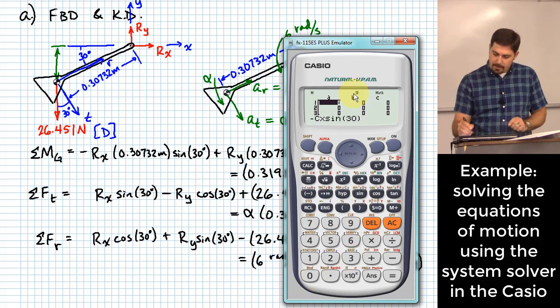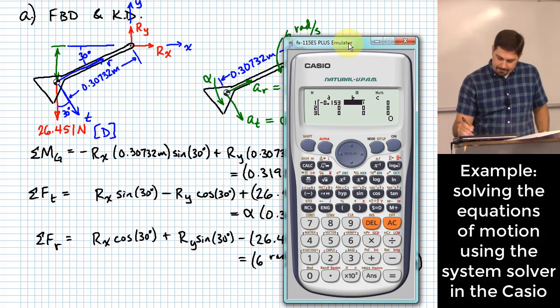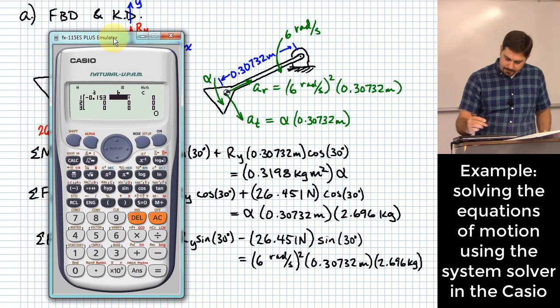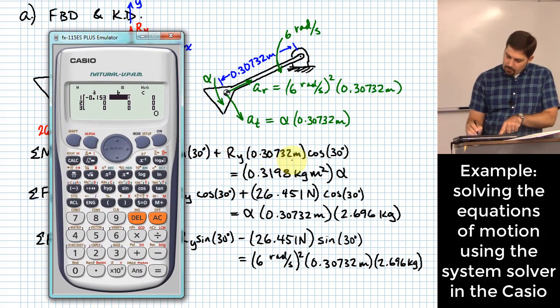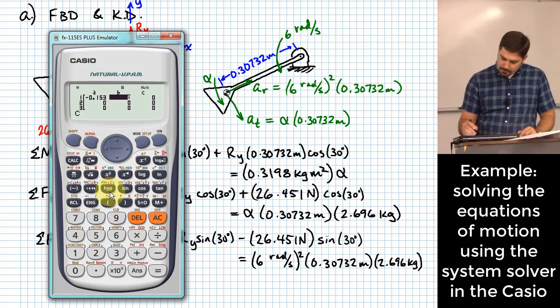I am in degree mode, I've checked that. So there's the first term. The next term will be for Ry, so I have positive what I have stored in C times the cosine of 30 degrees.